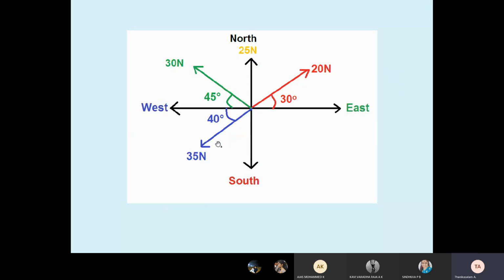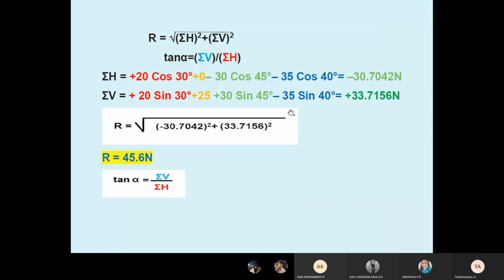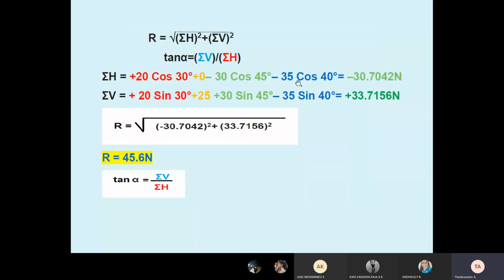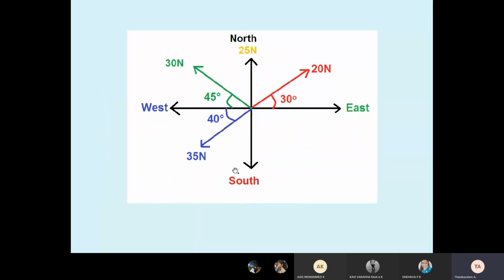Now the fourth force, 35 Newton, lying in the third quadrant with respect to the x-axis, therefore minus x, minus y. So minus 35 cos 40 degree in blue color is the x component. What is the y component?